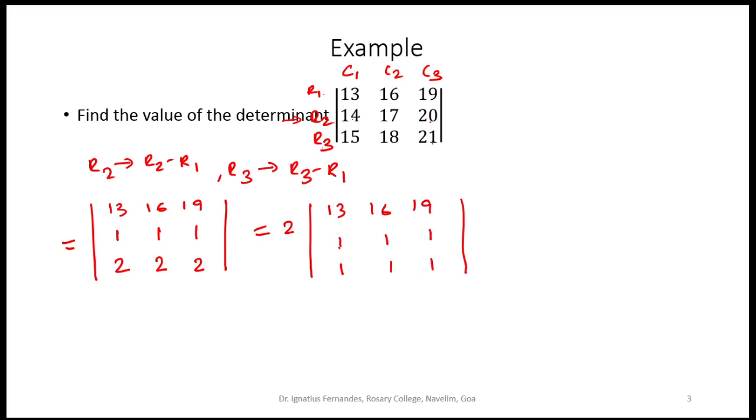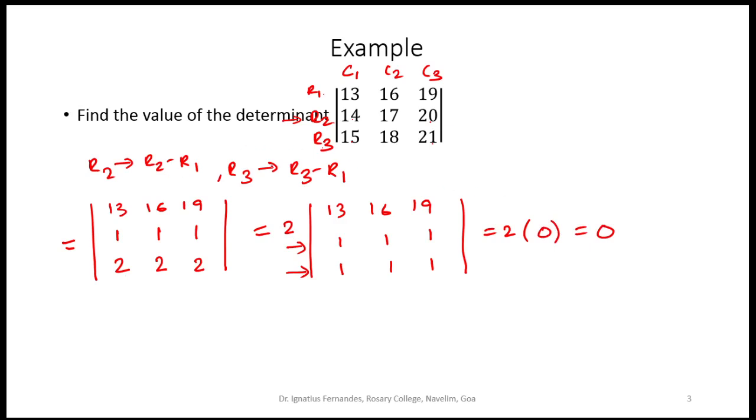Now you'll see that this row and this row are identical, and one of the properties of the determinant says that if there are 2 identical rows or columns, then the determinant is equal to 0. So the value of this determinant is equal to 0.